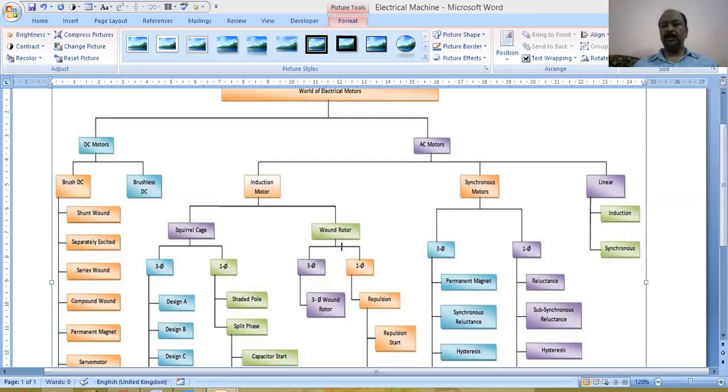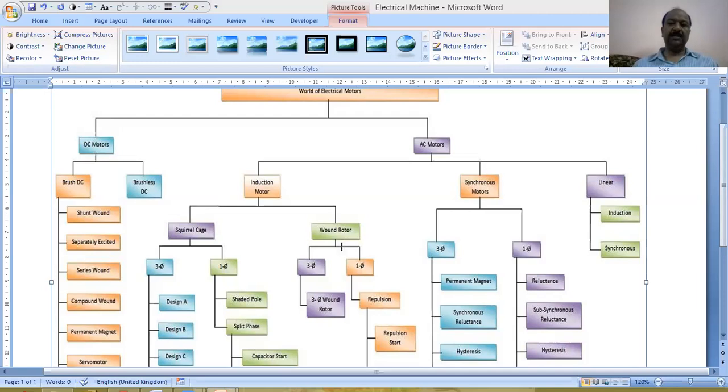They are rotating in nature. But in the case of linear motors, there is a rotor and a stator, but in the advanced version the stator is not in a circular form, it will be in a linear form.